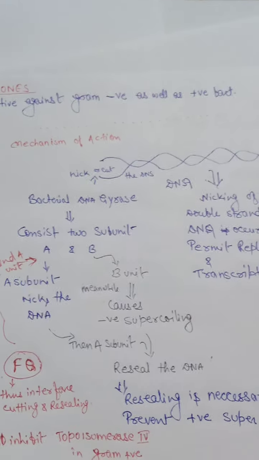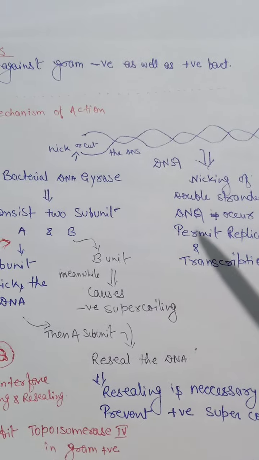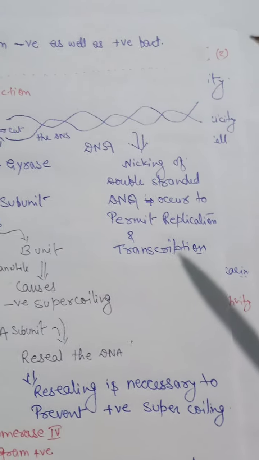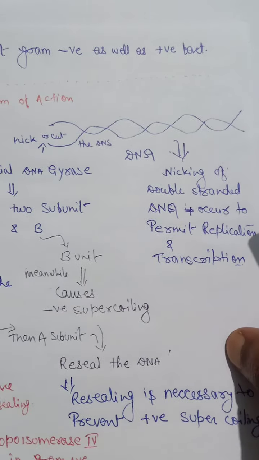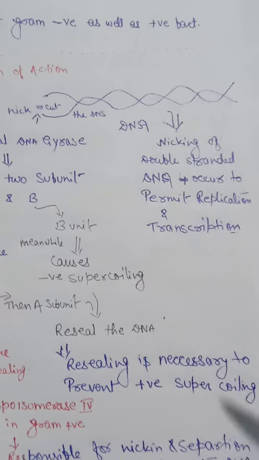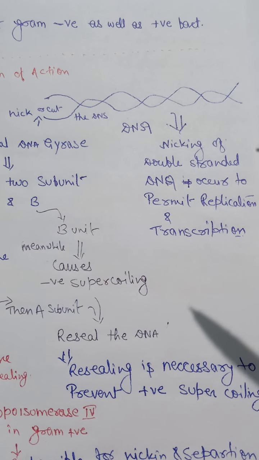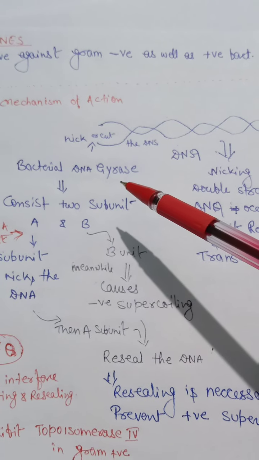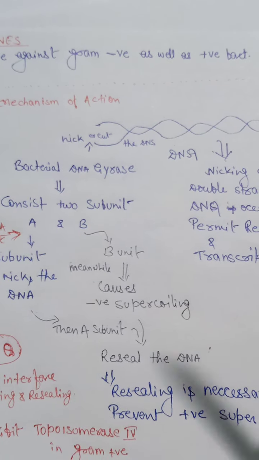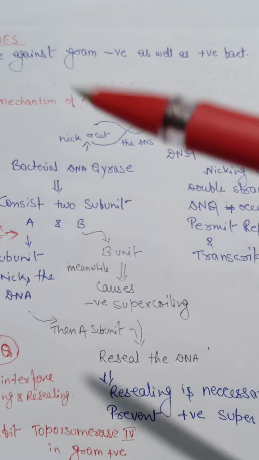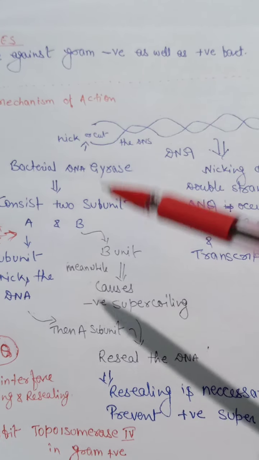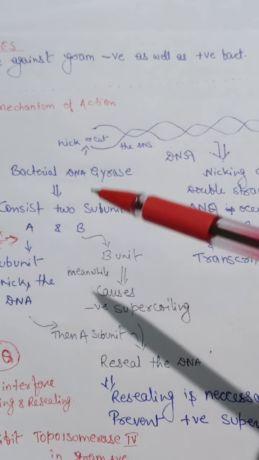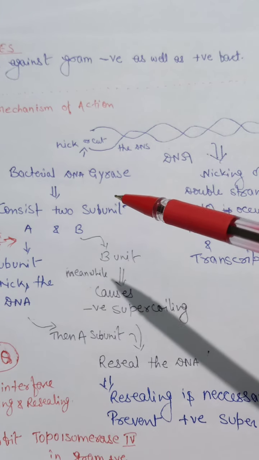Now the mechanism of action of the fluoroquinolones. The fluoroquinolones inhibit the bacterial DNA gyrase enzyme. We should always remember the fluoroquinolone drugs inhibit bacterial DNA gyrase.